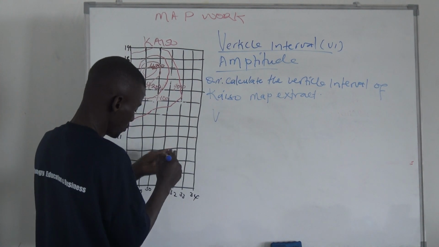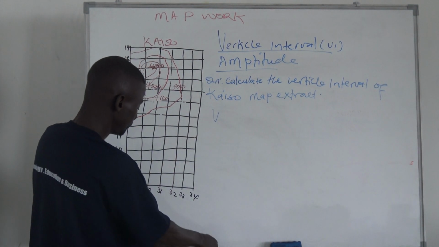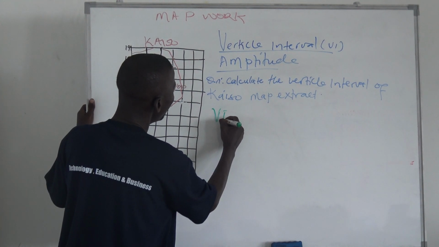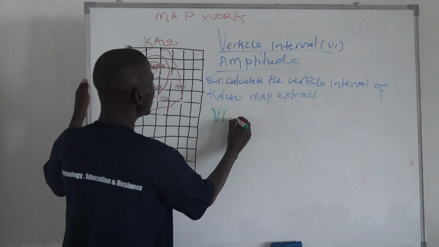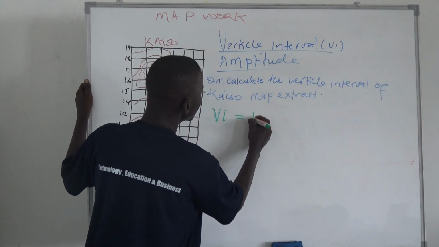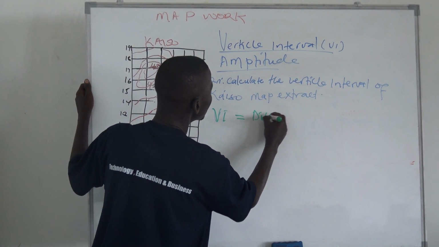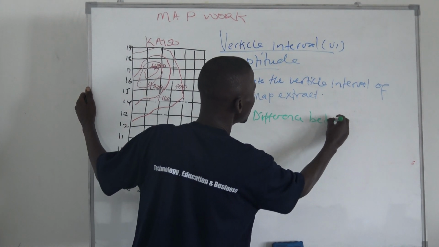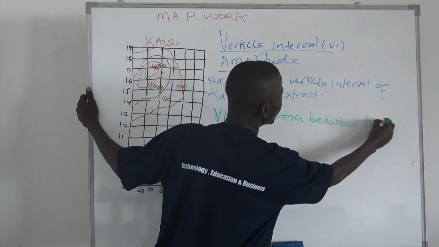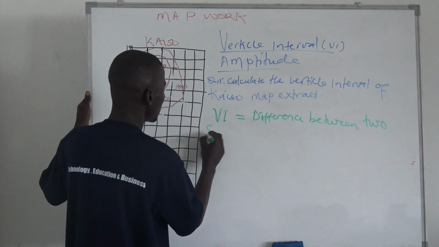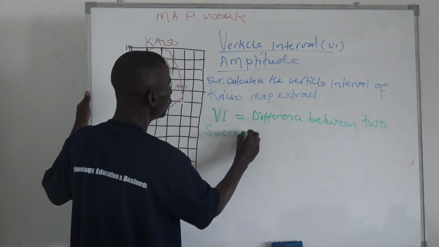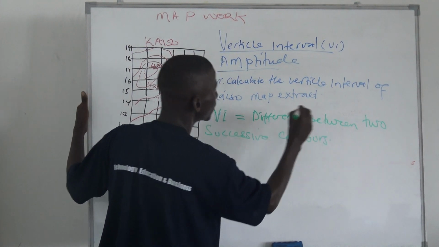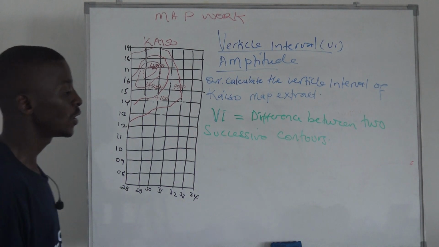So these contours, we use them to calculate the vertical interval, and we shall say that vertical interval, VI, is given as the difference between two successive contours.